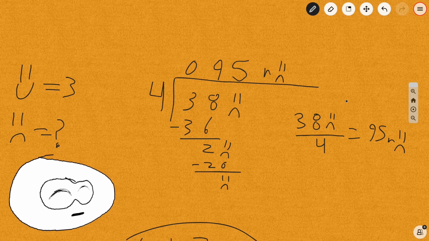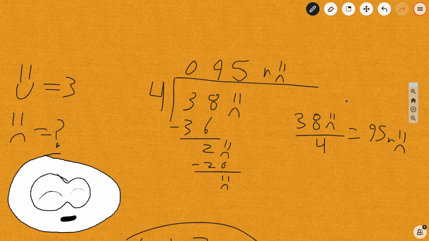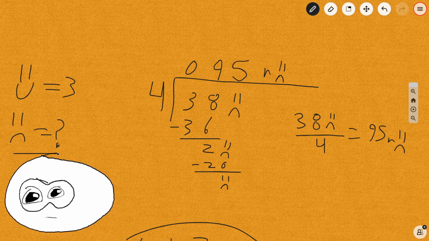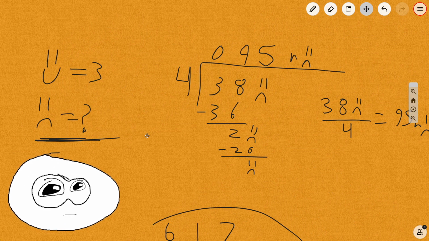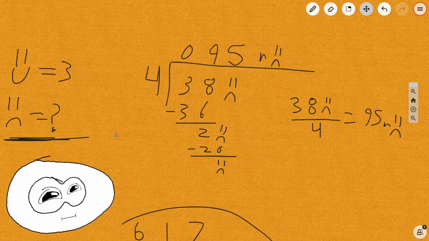And you might think, okay, well, that's kind of useless. And you'd be right, because we still didn't figure out what is frowny face. So usually for these variables, they kind of ask you to solve for it.